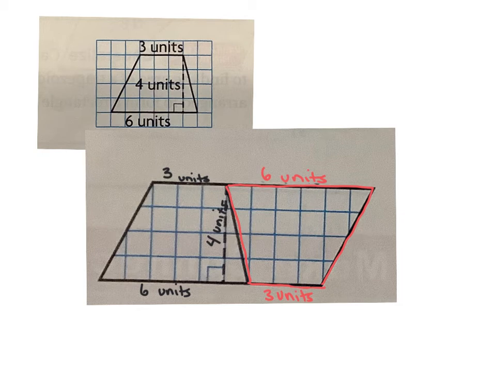So I would take a look at my base. It ends up being the 6 units from this original base, and then the 3 units from the second base. Base 1, base 2, right? Put together, 6 plus 3. So I now have for my parallelogram a base of 9 units. And I know for area of a parallelogram, I do base times height. Well, when I put those two together, I ended up with 9, base 1 plus base 2.